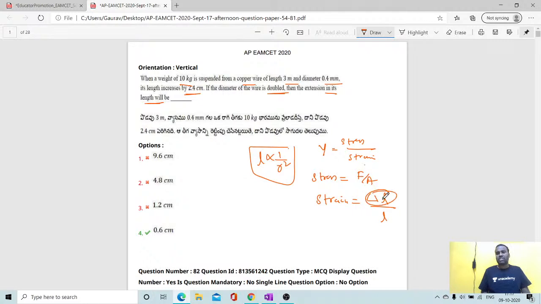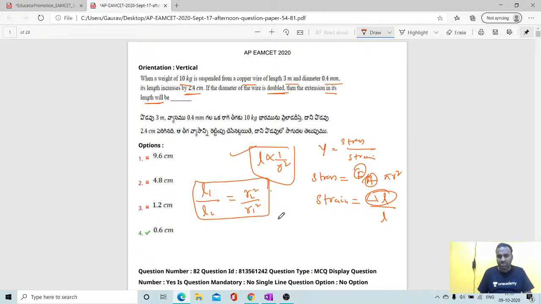So this is the extension we can say. Since area is proportional to r square, under the same load, force constant, so the extension is inversely proportional to r square. So L1 by L2 is equal to R2 square upon R1 square. Then if you go for the mathematical steps, you'll get the answer.